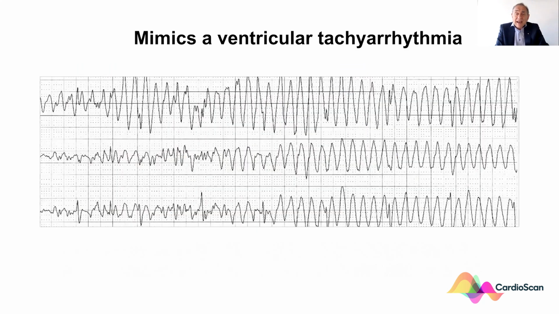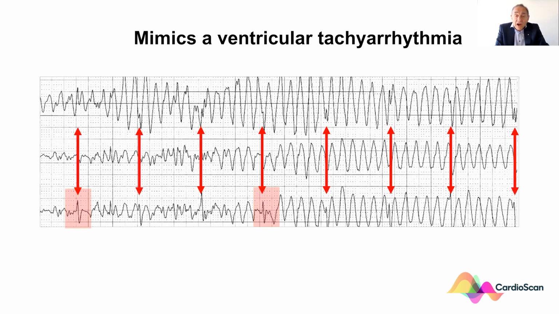Here is another case which was of concern, and again we have to try and determine, is this artifact or is this real? You can see in the tracing there are a number of what appears to be normal QRS and T waves. We can then try and time this out, and actually we can see areas where the arrows are that are actually notches, and we call this the timed notch.